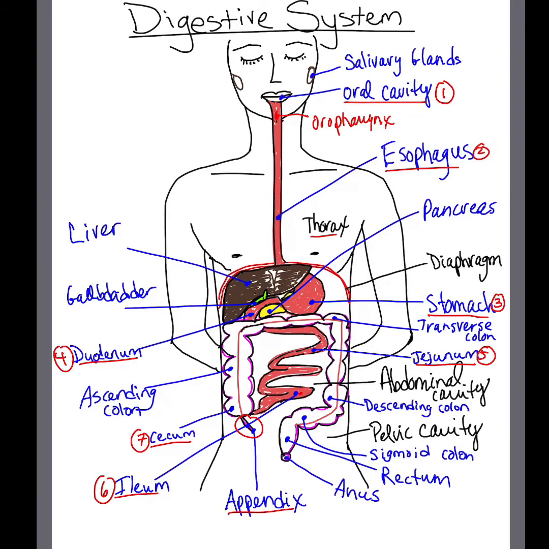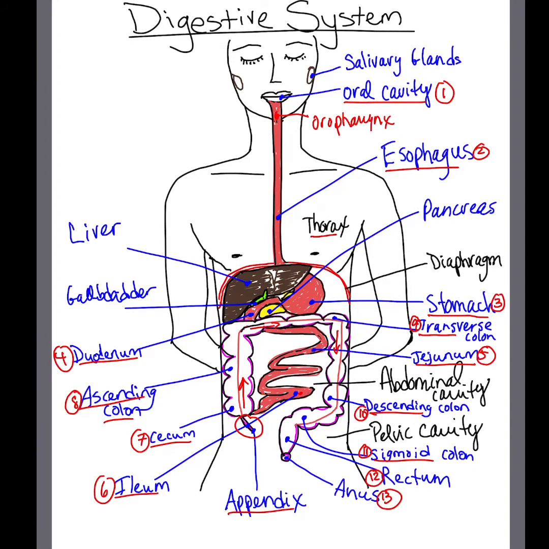And then from the cecum, whatever we have left continues. We call it the chyme. That chyme continues to ascend, right? So through that ascending colon, then it goes through the transverse colon, and then it descends one more time through the descending colon. Then it goes into the sigmoid colon, and then into the rectum and anus.